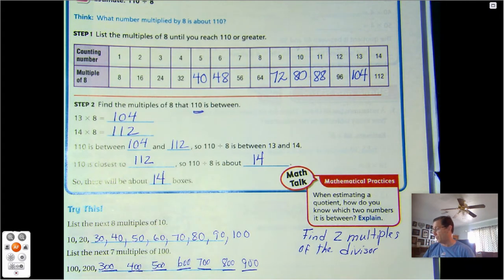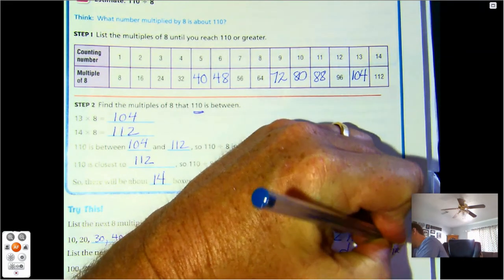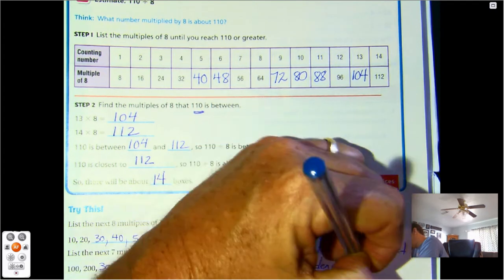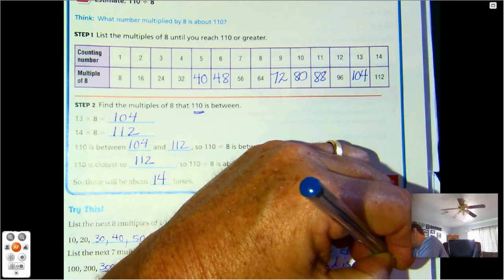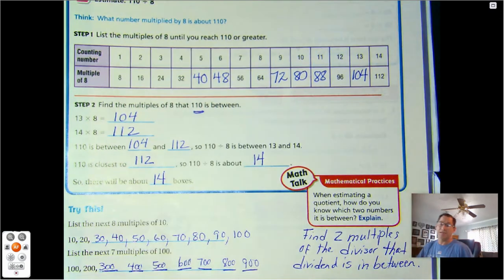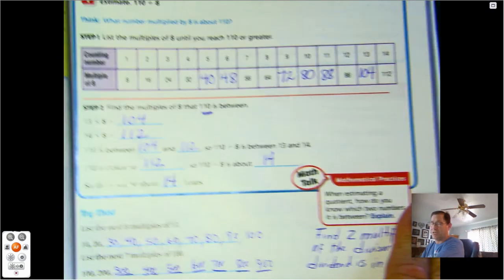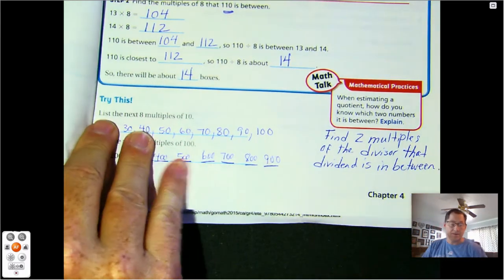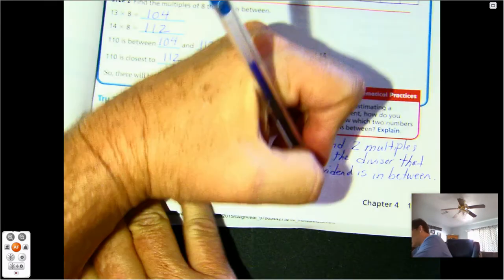So in our case, the divisor was 8. The dividend is in between those 2 multiples. So in our example, 110 was in between 104 and 112.